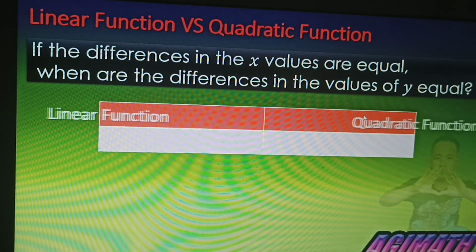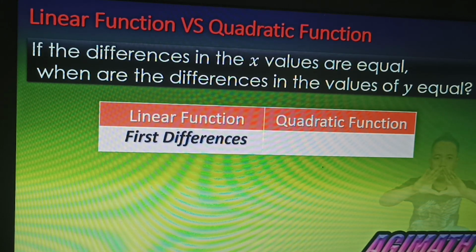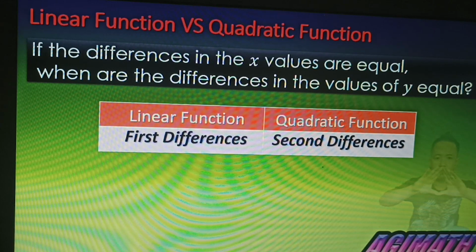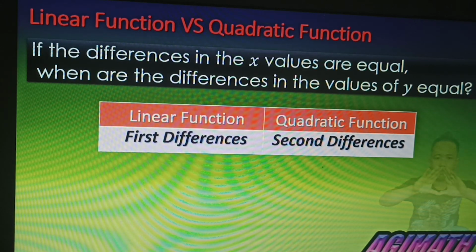For linear function, it's on the first differences. But for quadratic function, it should be on the second differences. So there will be exercises in your modules about this, wherein you're going to determine which of the following tables of values describes a quadratic function. So what you're going to do is what we did earlier, what I have shown to you. Do not be lazy.